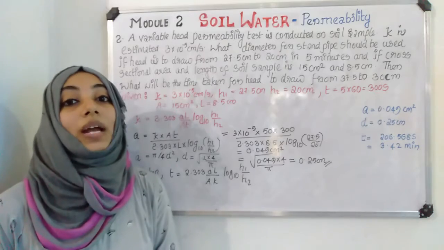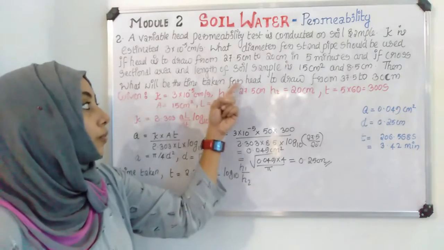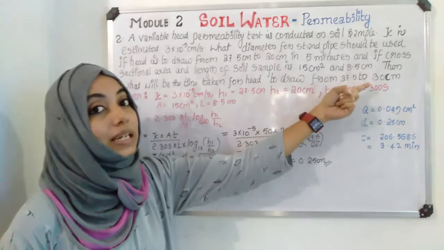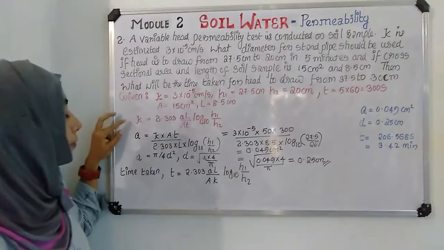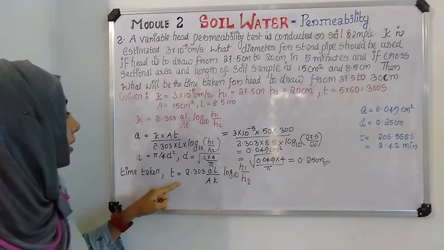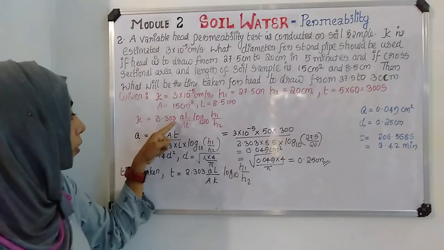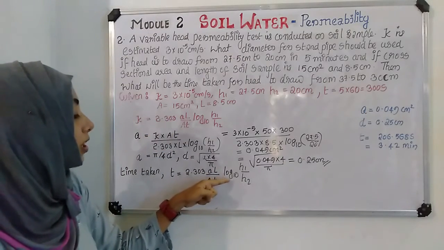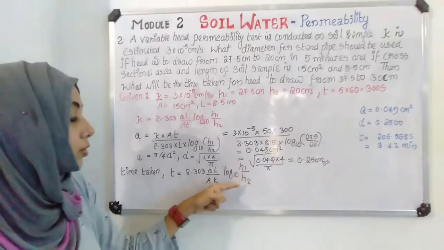Then we have to calculate the time taken for the head to drop from 37.5 centimeter to 30 centimeter. From our expression of the coefficient of permeability, the time taken t is equal to 2.303 aL divided by AK into log base 10 H1 by H2.